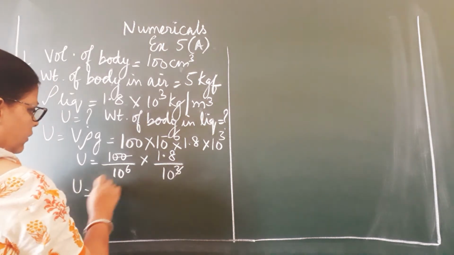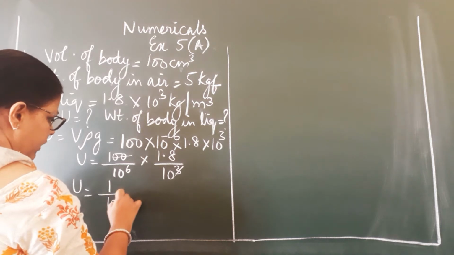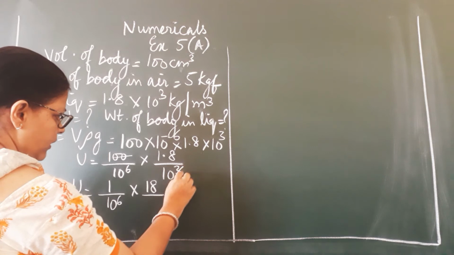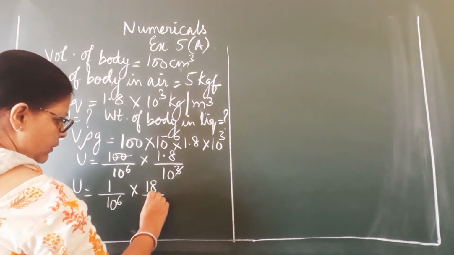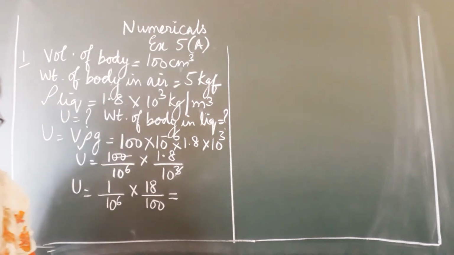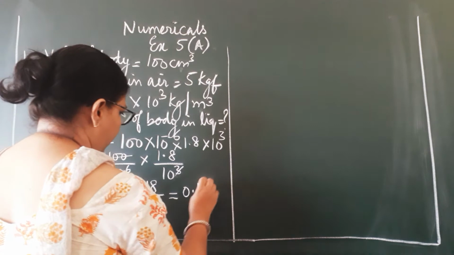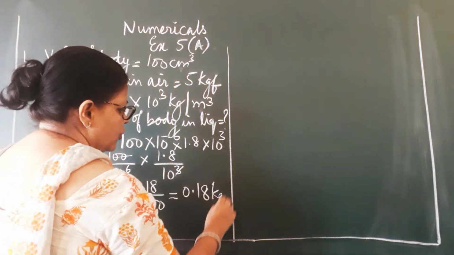So after you solve, you will get 1 upon 10 to the power 6 into 18 upon 1 zero remains over here after cancellation, and 1 decimal, so it becomes 100. When you solve the entire thing, your answer works out to 0.18. Okay, 0.18, and it will be kgf.